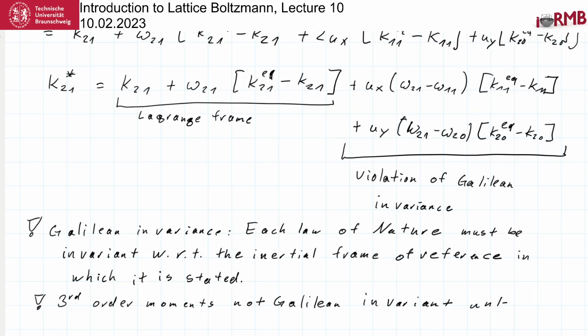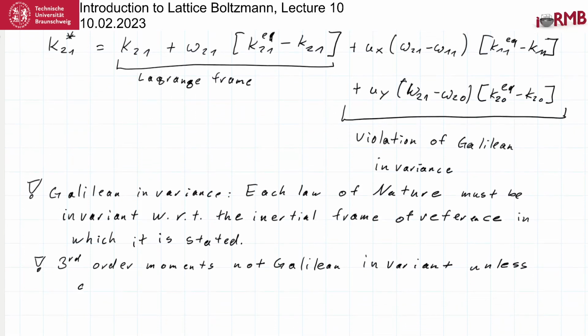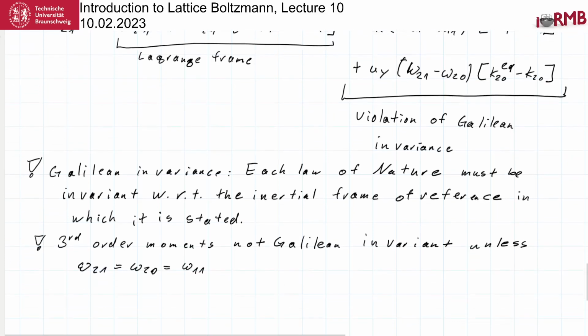Unless, of course, as you notice, omega 2,1,1 is equal to omega 2,0 and omega 1,1. Of course, if we link them all together, we lose MRT, yeah? But we notice that BGK is Galilean invariant.